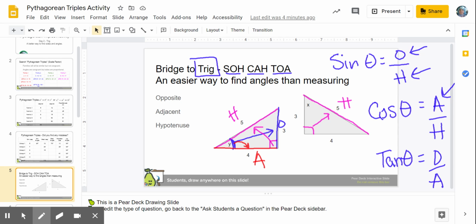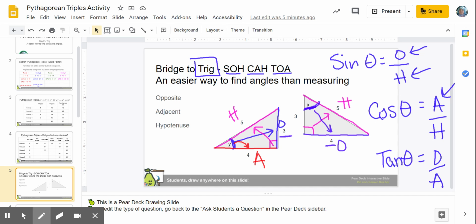But what if I switch and I look at the other triangle where a different angle is marked? The hypotenuse is still the same over here on the right side with the X. But if I look at this angle, the opposite side is the 4. So the opposite side of the first one was a 3, and the opposite side of the second triangle is a 4. What's different? Why did it change? Did our angle change?